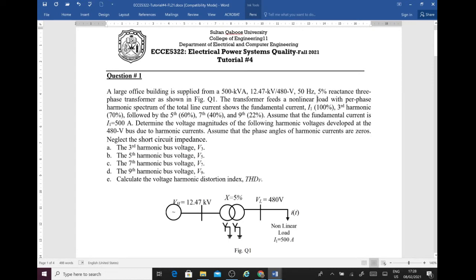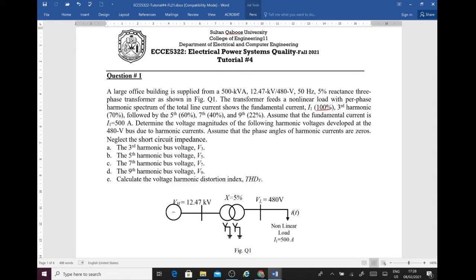The transformer feeds a nonlinear load. The harmonic spectrum of the total line current shows the fundamental is 100, and the third harmonic up to the 9th. Assume that the fundamental current is 500 ampere.